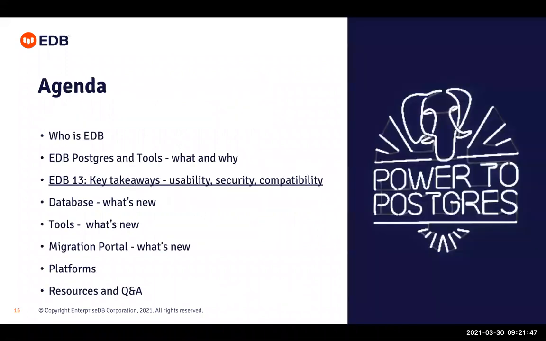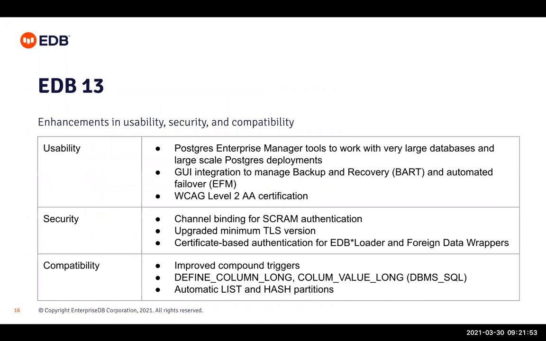So key takeaways from EDB 13 releases on usability. Enterprise managers, as we've seen, is being used. And in the beginning, the databases were small in size, but they have grown now to more than 4,000 objects in one schema.